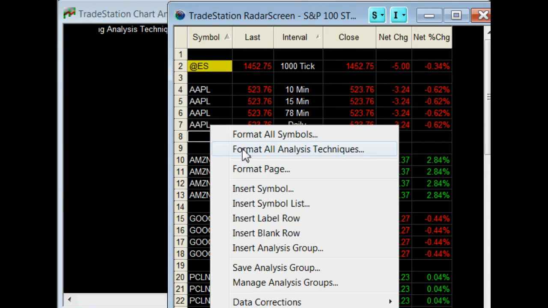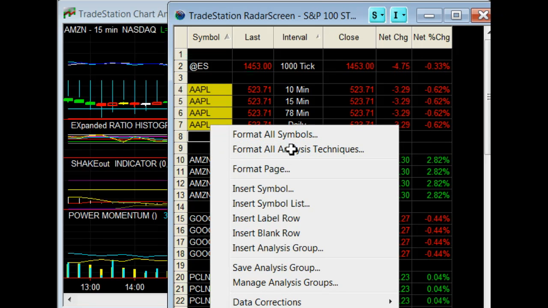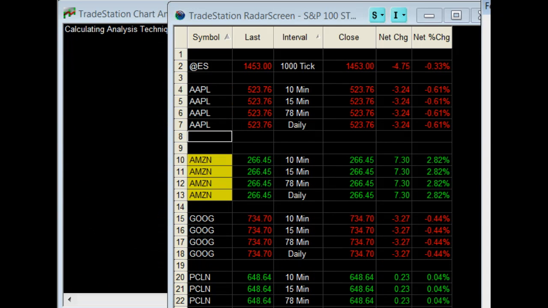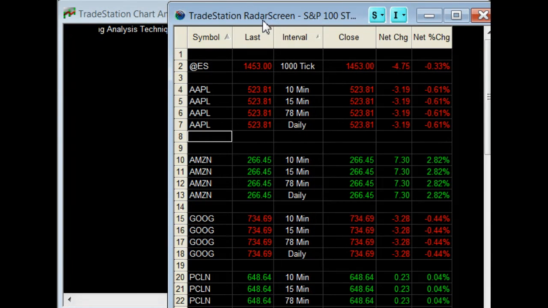An easy way to do that is to format analysis techniques. I don't even think we have one on here. Oh, yeah. Here we go. So this is what comes up in there, and then I can go through each of the different ones. You can move them over, readjust how it looks. It's completely adjustable as far as that goes.